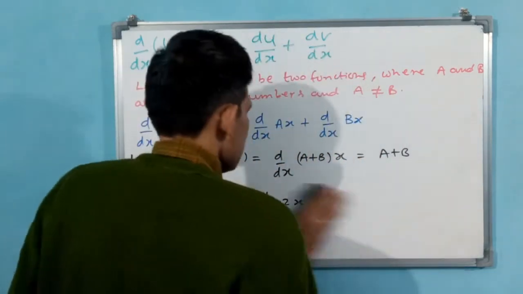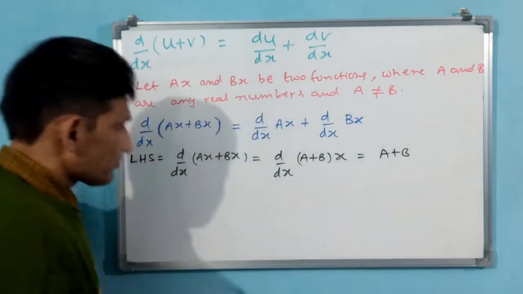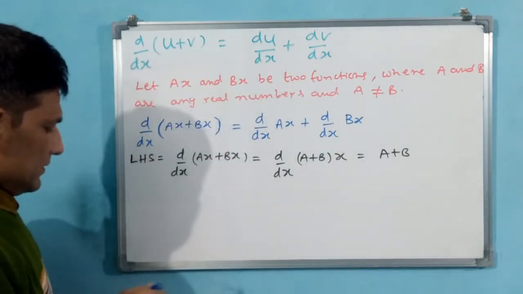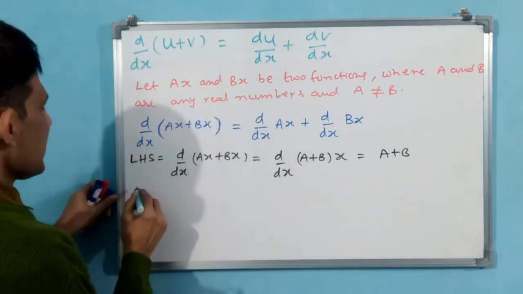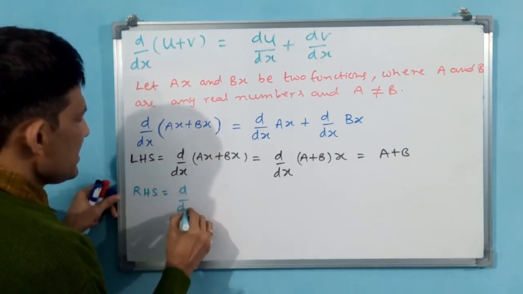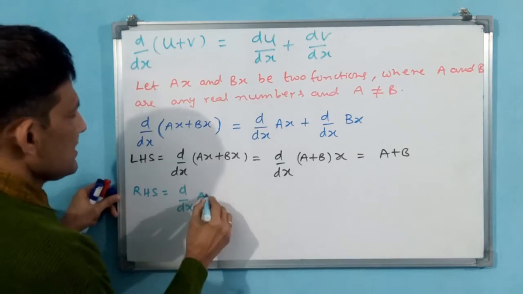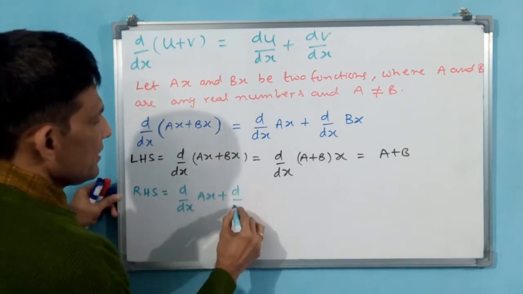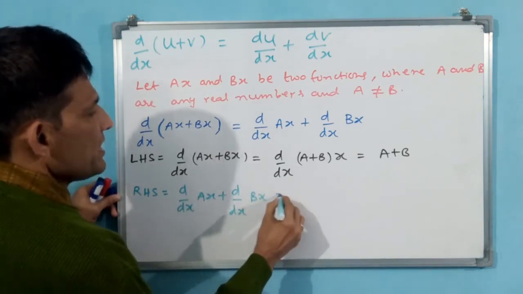Let us go for RHS. RHS is equal to d by dx Ax plus d by dx Bx.